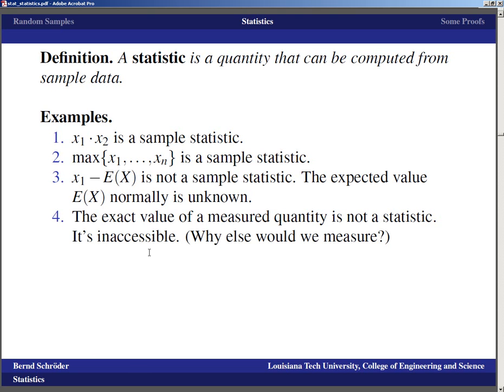For example, if I want to know how many red pieces of candy are in a bag, well, I would just count it and I would have the exact value. But basically, typically the exact value of a measured quantity is not accessible because why else would I measure, right? If I already have the exact value, I don't need a measurement. I would just keep going.